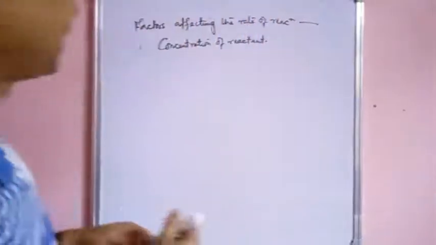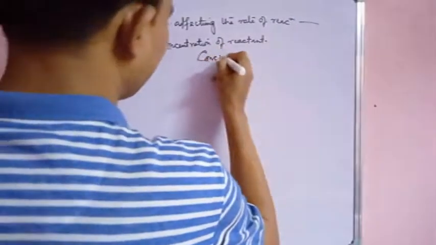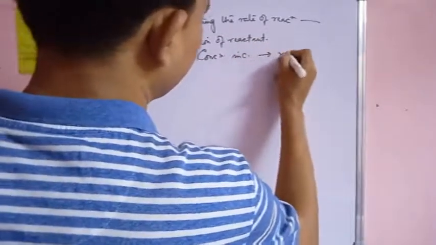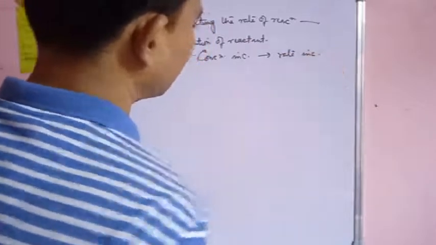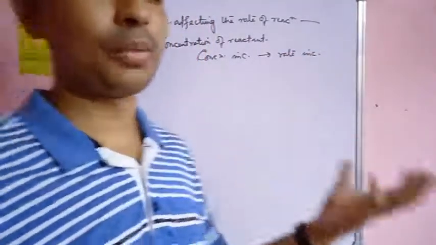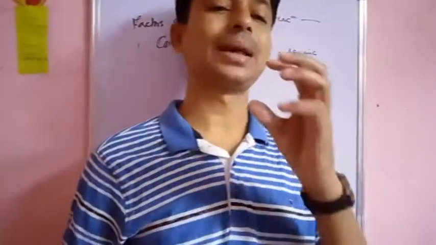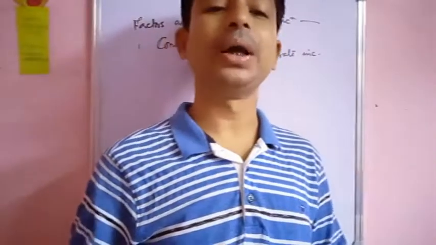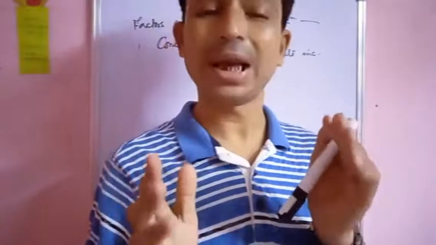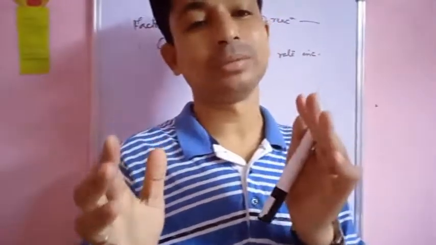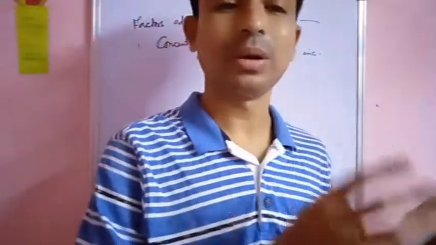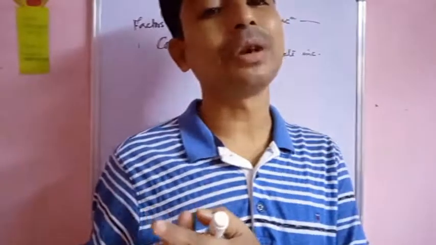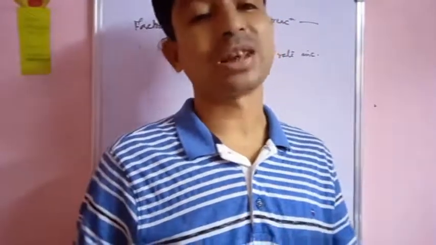Concentration increase means rate will also increase. As an example from your daily life, if someone sits to cook a little bit of rice, and someone else sits to cook a larger amount, you will see that the larger amount gets done faster. So the more the concentration of reactant, the faster the reaction will be.